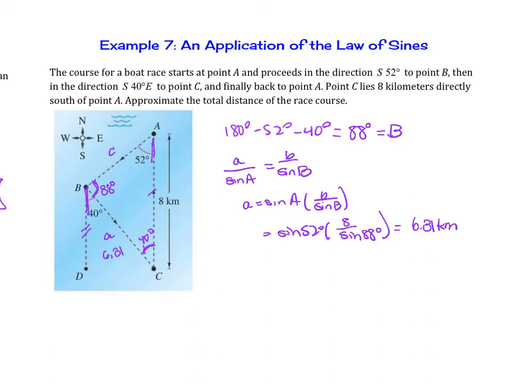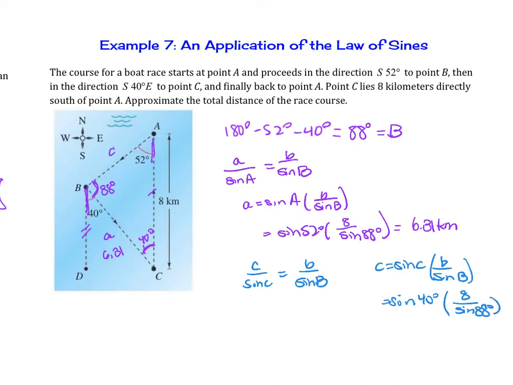Then we need to find the other length, C. So C over sine of C equals B over sine of B. So C equals sine of C times B over sine of B. So this is sine of 40 degrees times B, which is 8, over sine of 88 degrees.